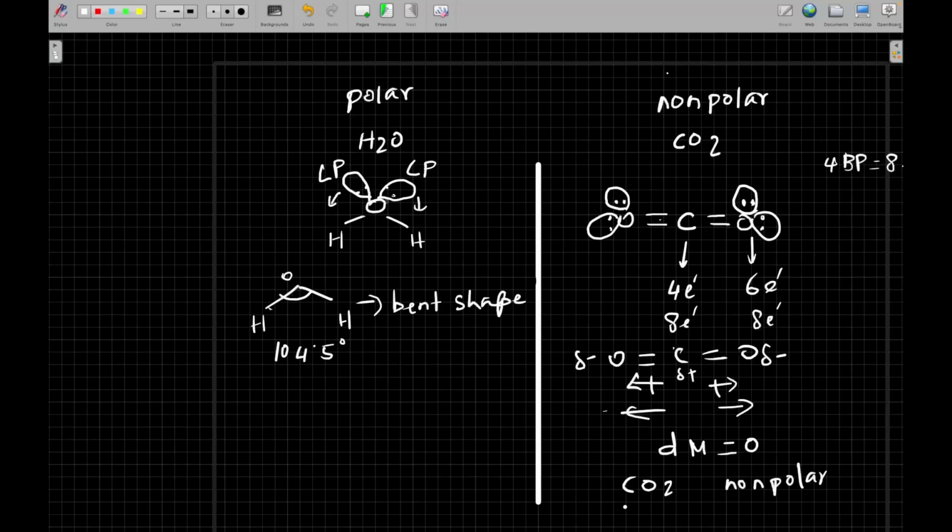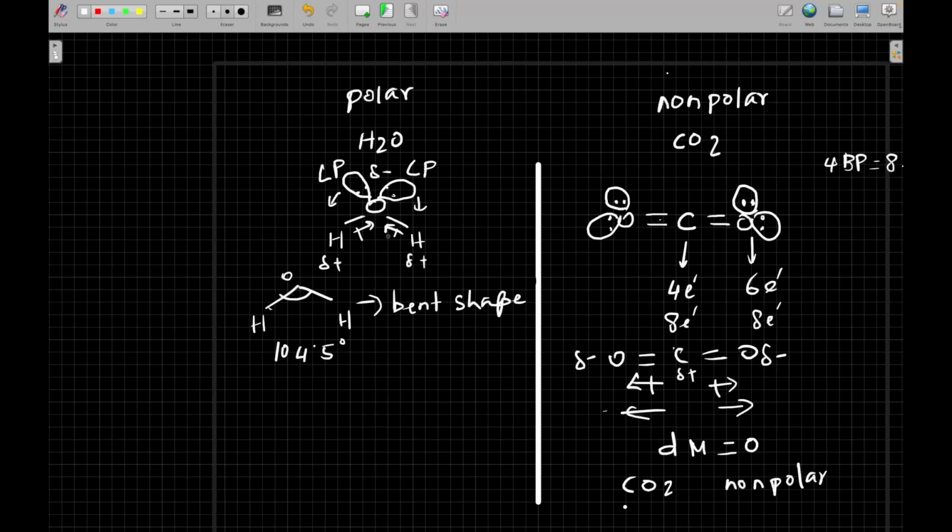Another factor is oxygen being more electronegative, it also pulls the bonded pair of electrons towards itself, as a result of which partial negative charge is developed on oxygen and partial positive charge is developed on hydrogen, and there is no way this individual dipole moment in the OH bond will get nullified, cancelled, because of the bent shape of the molecule.